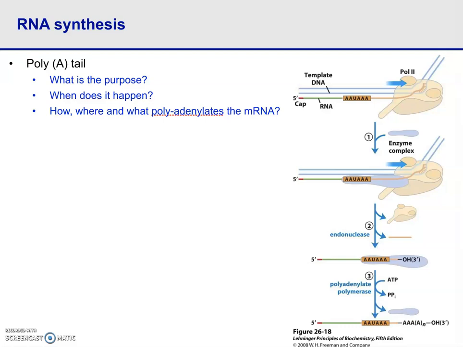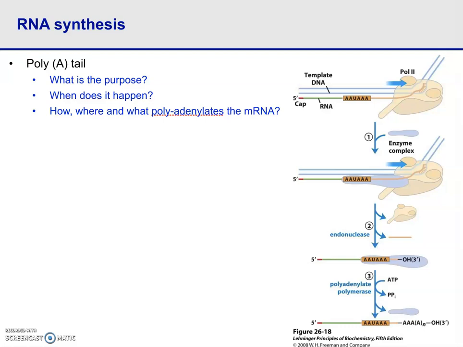Polyadenylation occurs at the end of transcription. Obviously, we have to have the end transcribed before the poly A tail is added. How does the cell know when to stop transcription?